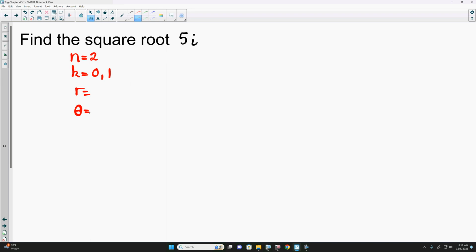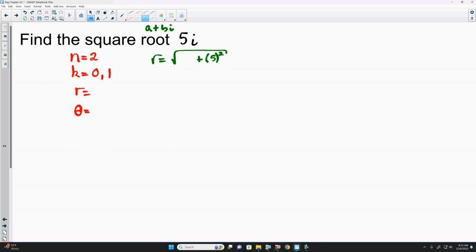Now the only other two things we need for this formula are r and theta. Well, r is equal to the square root of a squared plus b squared. I know b. B is the number in front of i, because we're in the form a plus bi. What's our a value?